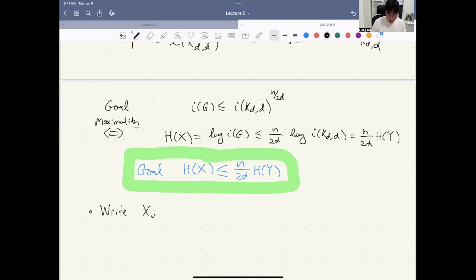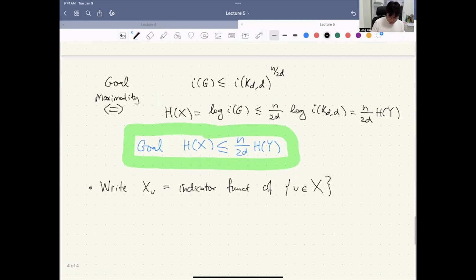xv for the indicator function of the event that vertex v lies in our randomly chosen independent set.